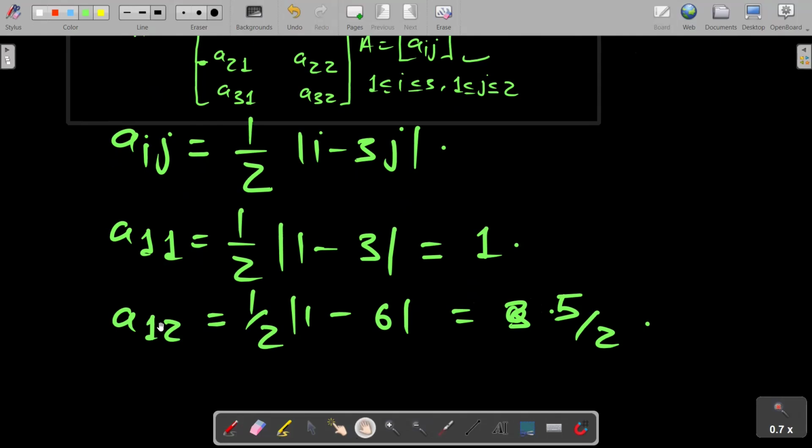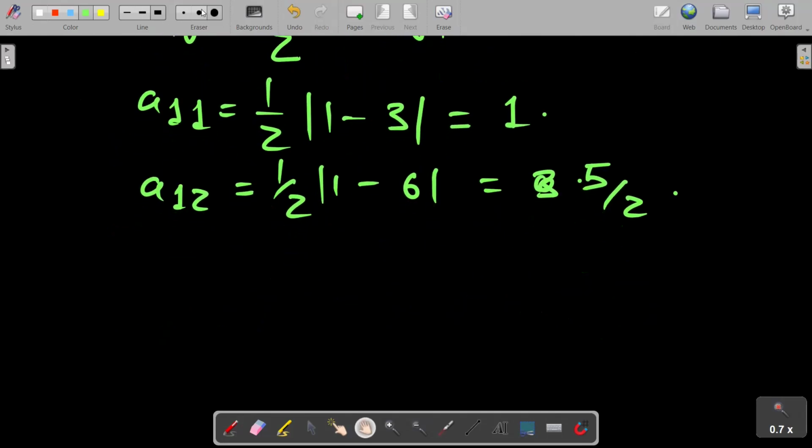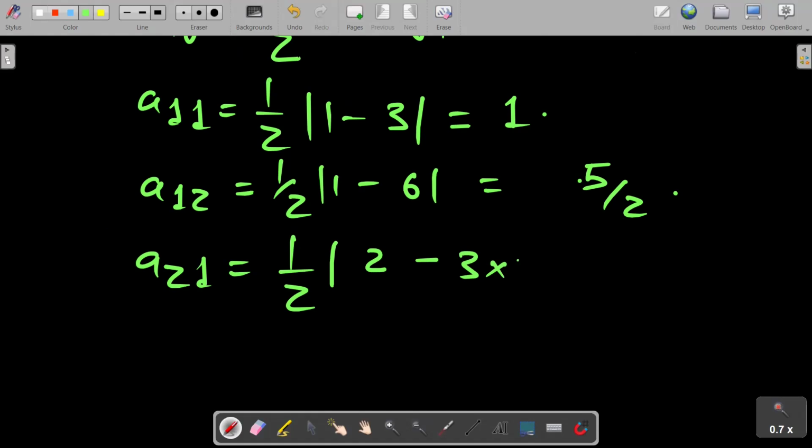Next we will calculate A21: half |2 - 3 into 1|. So it will be 2 minus 3, which is minus 1. And if you take it out of the mod, it will be positive.